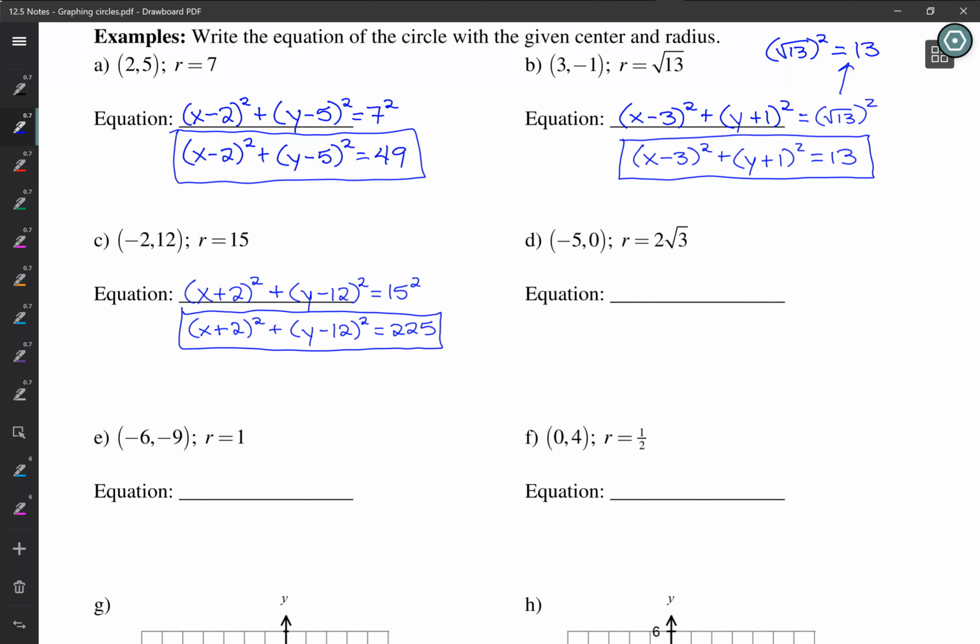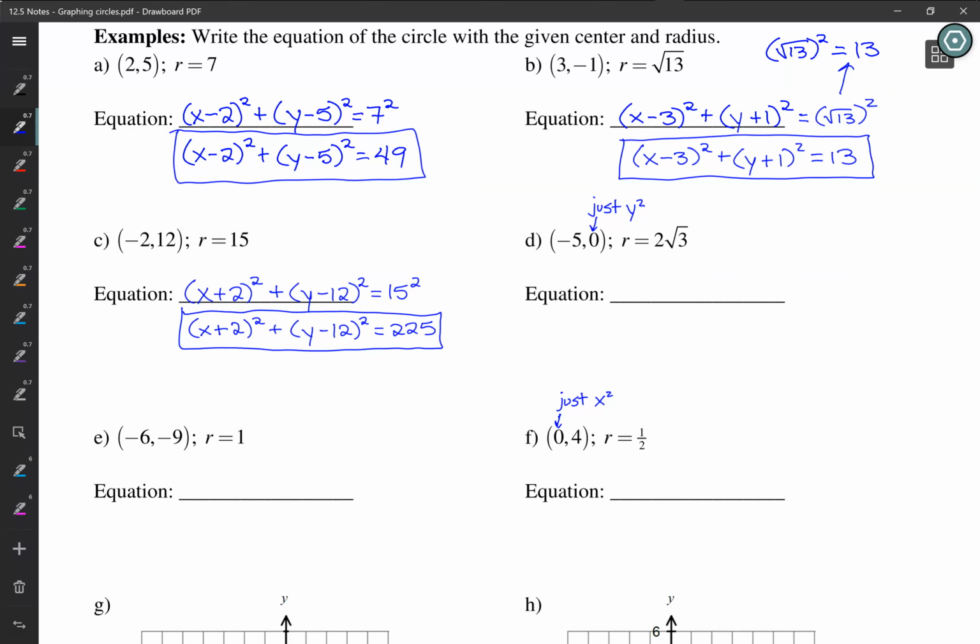Okay, now anytime you see a 0, it's just going to be x squared or y squared with no parentheses. So on D here, you're just going to have y squared. On F, you're just going to have x squared, because y minus 0 is just y.